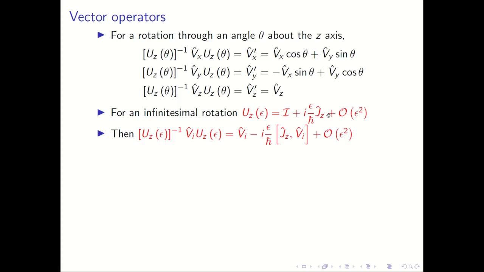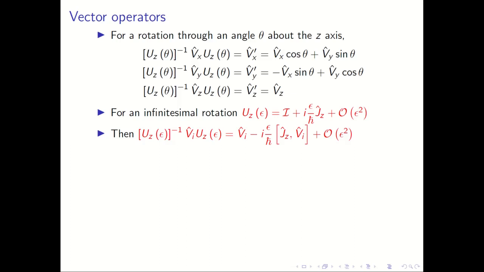That comes from the identity which is there in both U_z(ε) and U_z(ε) inverse, plus a first order correction term which happens to be minus iε/ħ times the commutator of Jz with the vector component Vi. This again is something which you should be able to work out on your own, and in fact you have to work out on your own.